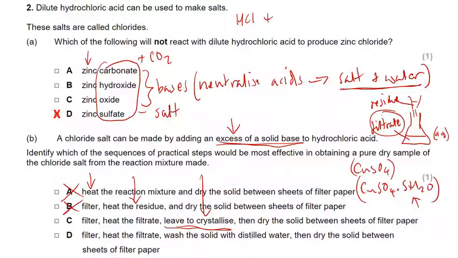Our anhydrous copper sulfate is actually just a white powder. They're not blue crystals. So in crystallization, you always want to give the solution time to crystallize. You want to heat the filtrate to saturation point, and then leave it to crystallize. So it is going to be C.